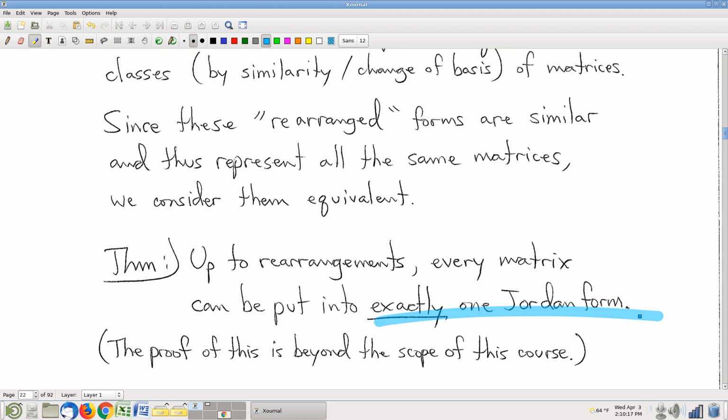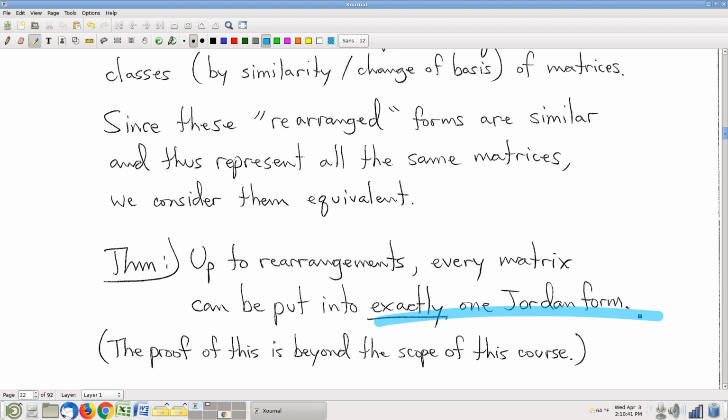We already know that every matrix has exactly one reduced echelon form. It is, in a sense, true that every matrix has a unique diagonal form. And in a sense that we can make precise now, every matrix has exactly one Jordan form. Keep in mind, we're talking about by way of conjugation, by way of change of basis.